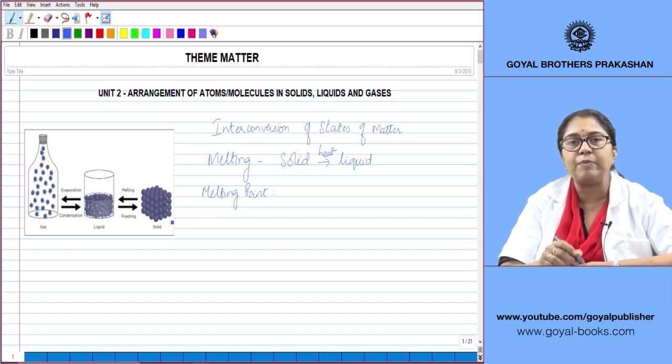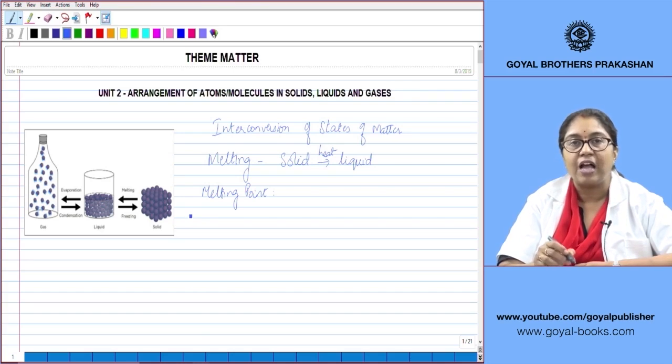Due to these maximum intermolecular forces of attraction, the particles in a solid are held fixed in their position and they simply vibrate about their position, but they do not move away from their position.